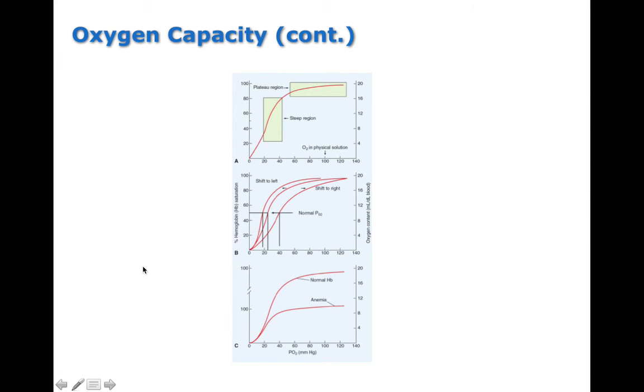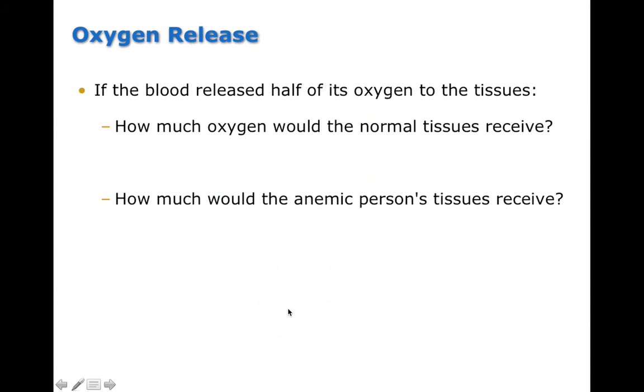And if we look over here, we have about 15 milliliters of oxygen per 100 mils of blood. So that could be several milliliters of oxygen to the tissue at that point. And that would be good because then you can supply oxygen to the tissues that need it the most because they have lower oxygen content. In anemia, it's going to be much lower because you can see their carrying capacity is even lower.